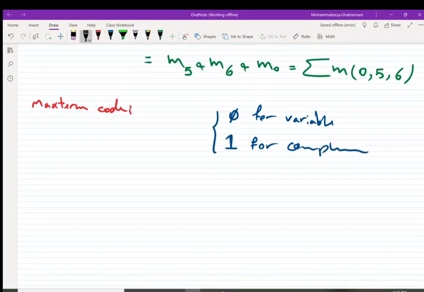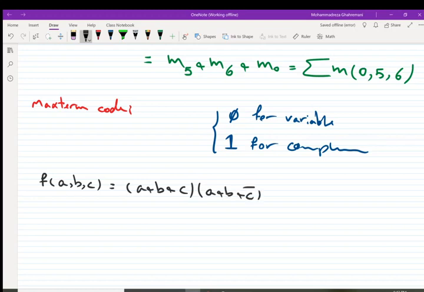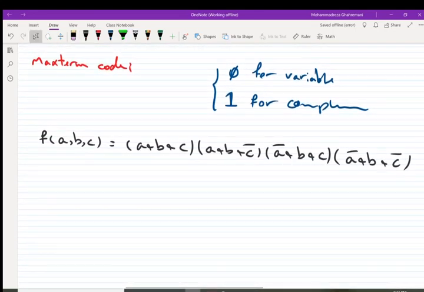Let's assume we have this function f of a, b, and c is a plus b plus c, a plus b plus c bar, a bar plus b plus c, a bar plus b plus c bar. We want to write the max terms from this function. So again, we apply those codings. So the variable is 0: 0, 0, 0; 0, 0, 1; 1, 0, 0; 1, 0, 1.